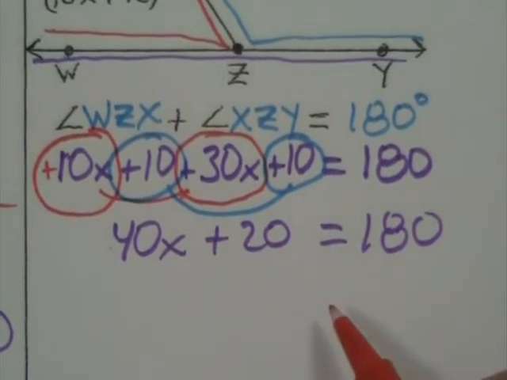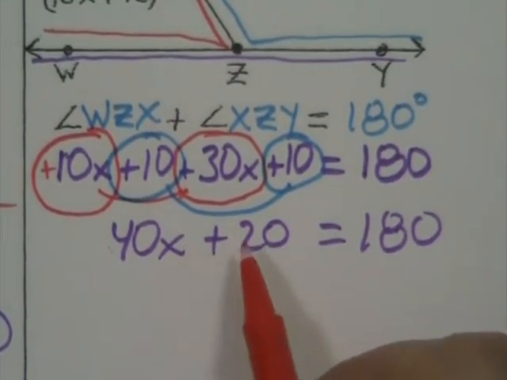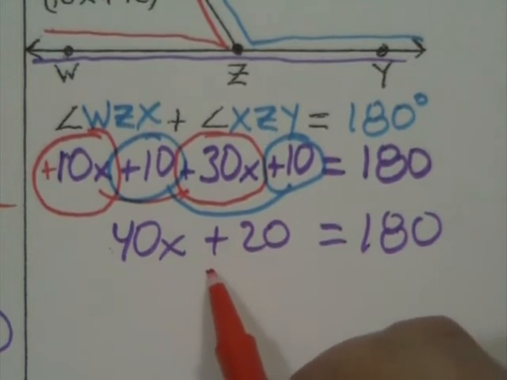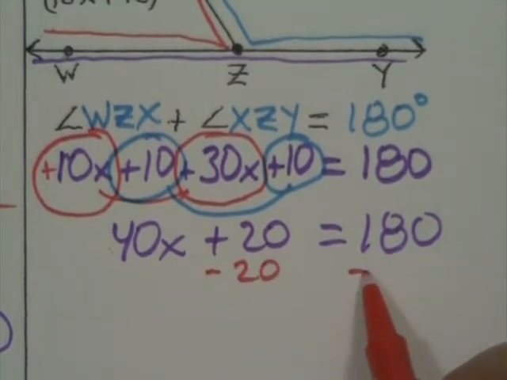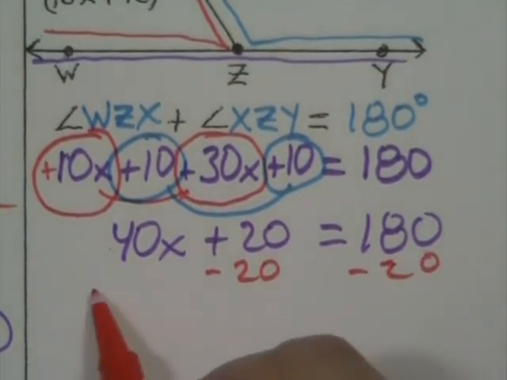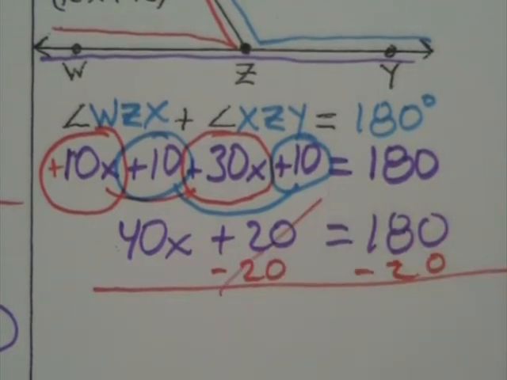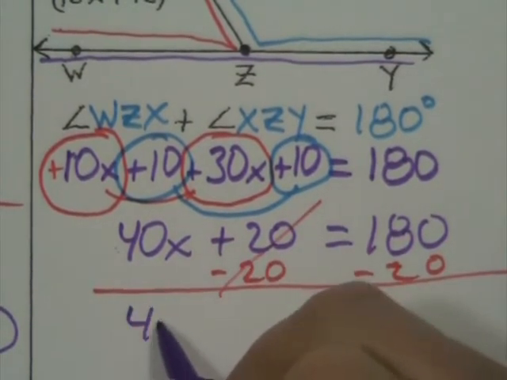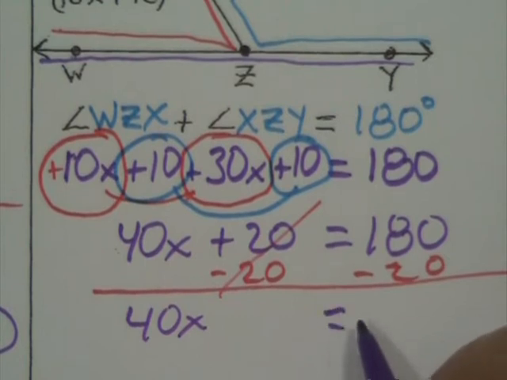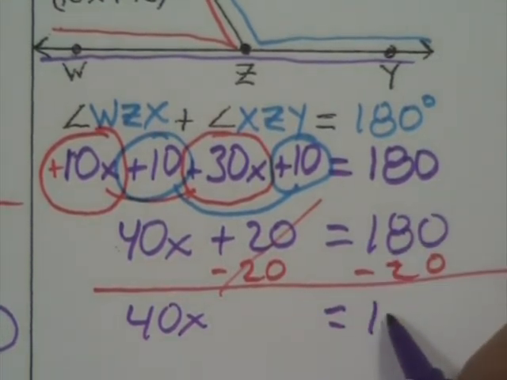Okay, now we're going to do the opposite operation, inverse operations. If this is plus 20, we would subtract 20. So that gives us 40x equals 160.